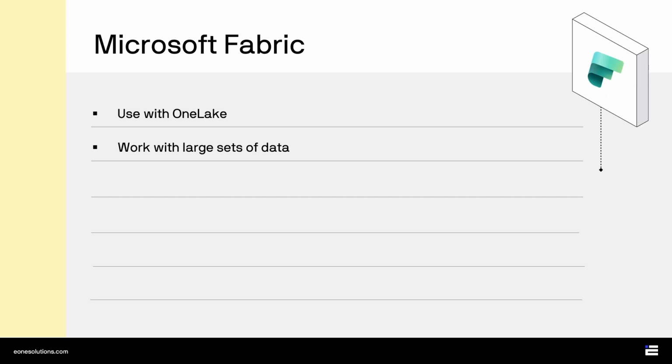And so Microsoft Fabric is certainly one of those that's really popular. And this connector is going to allow us to hook into that one lake and allow working with large sets of data, very manageable right from Popdock. And I'll add one more thing, moving it from a developer experience to more allowing an end user to get at that data without always needing IT.